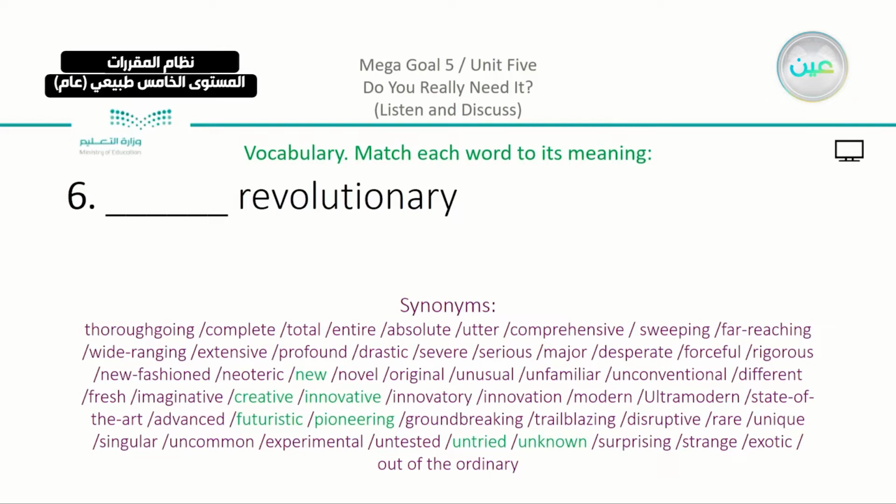So of course, these are not for you to revise, but just as general information to know that, yes, in English we have words that have many synonyms and they can be used in many meanings. So we have here revolutionary. In the book, we said causing big change. So if something is new, untried, unknown, it is of course going to cause a big change.